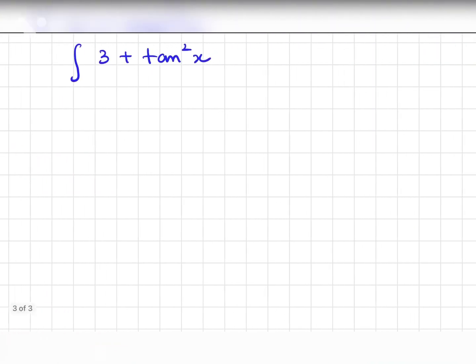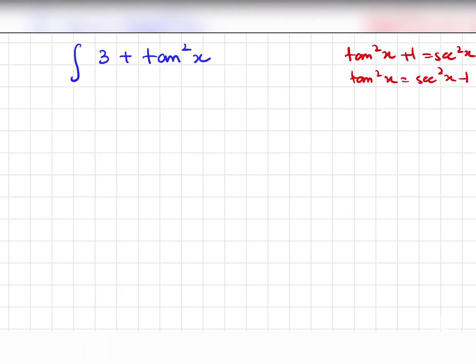So what do you do now? You have to change this somehow into sec square. If you remember the trigonometric identities, there was an identity which was tan square x plus 1 is equal to sec square x, which means that tan square x is equal to sec square x minus 1.